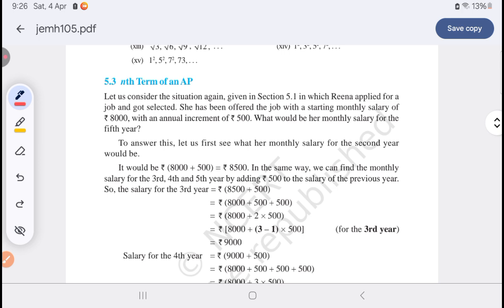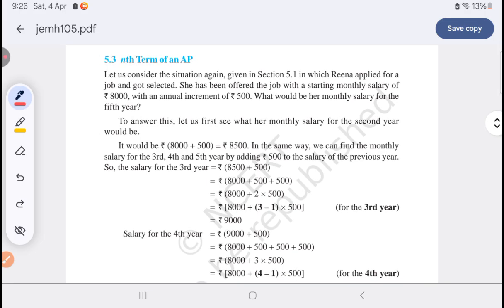Now we have learned how to form an arithmetic progression and how to find the difference and the series of arithmetic progressions. So now let us find the nth term of an AP.